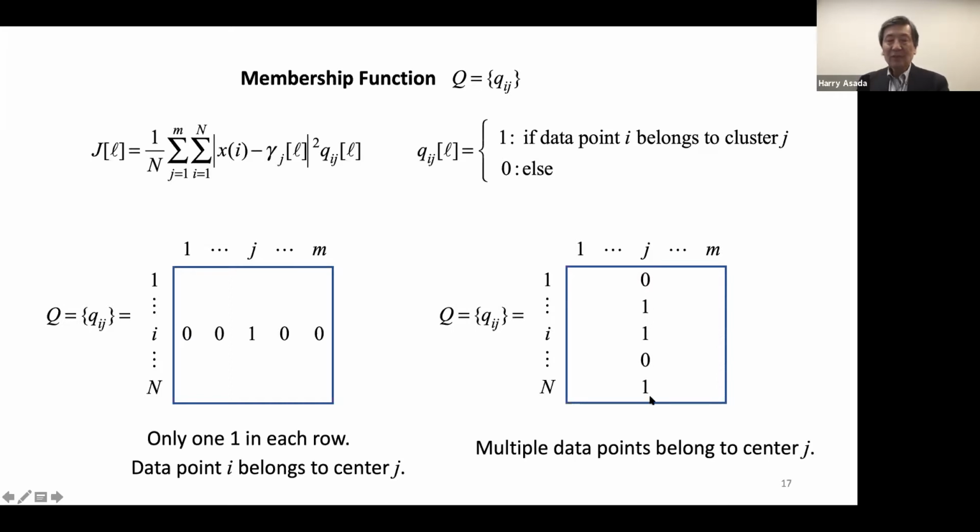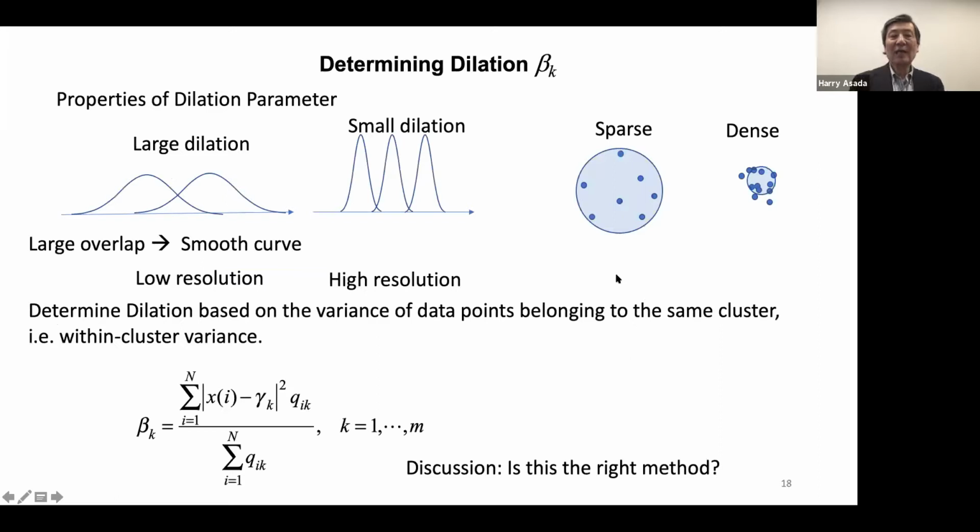Okay. So with that, let's look at how to determine the dilation beta_k. First of all, we need to recall the properties of the dilation parameter, right? What was that? It represents how sharply you focus on the local properties.